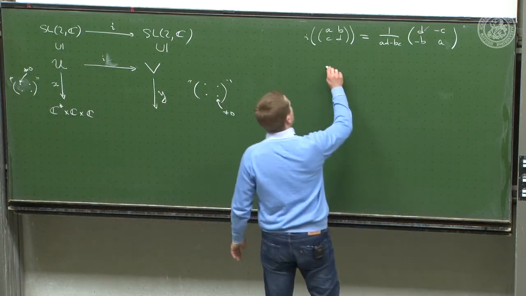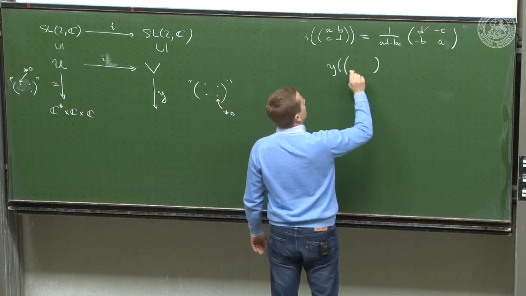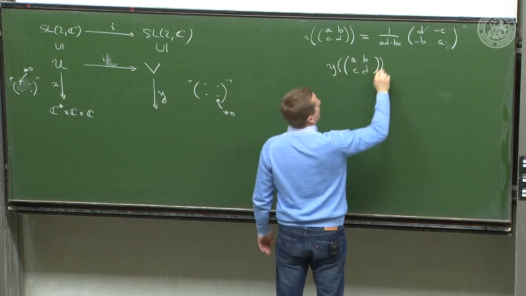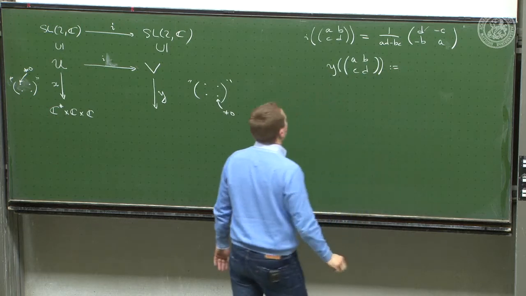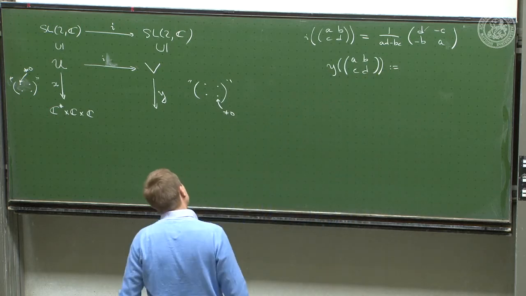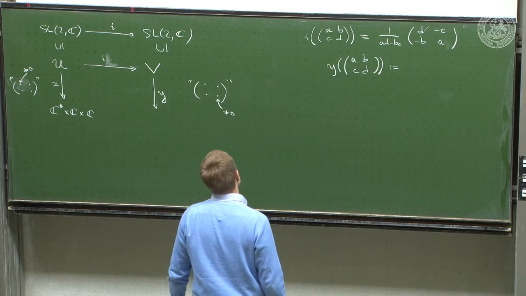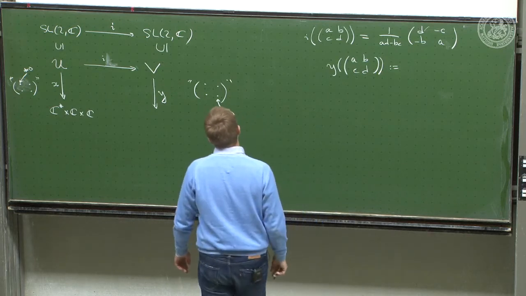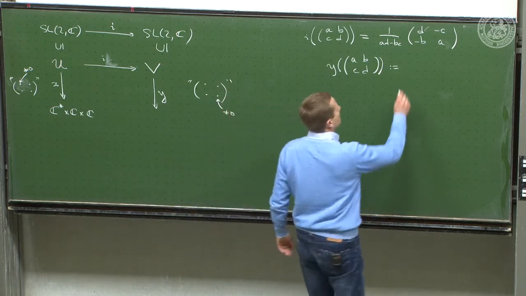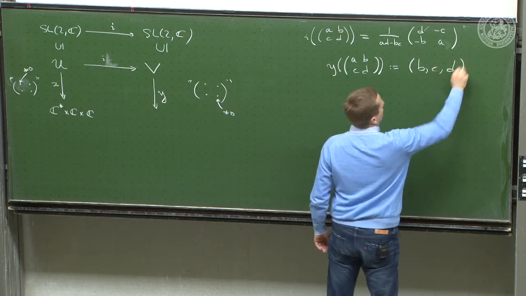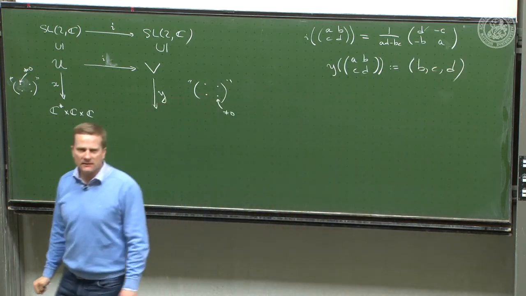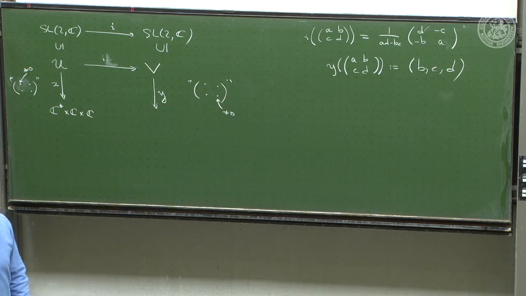I forgot that. So Y took an A, B, C, D, and assigned it coordinates such that the D can be divided. That means that the A can be reconstructed. So I think that must have been this map. Is that right? Can you quickly check your notes? That's what we did, no?